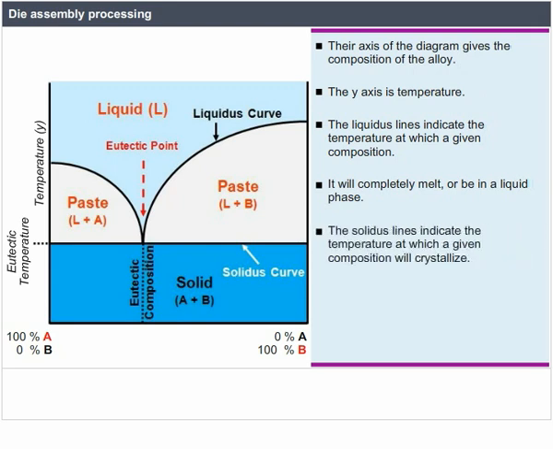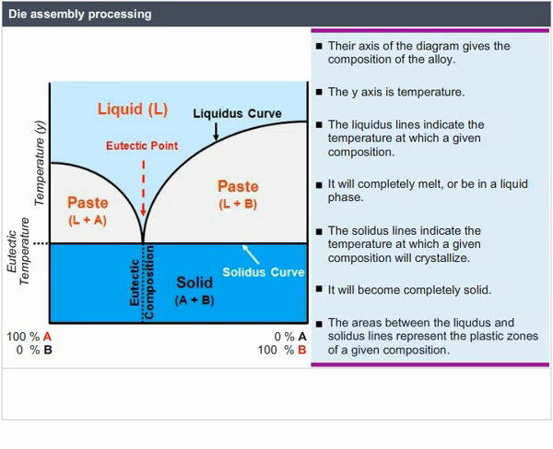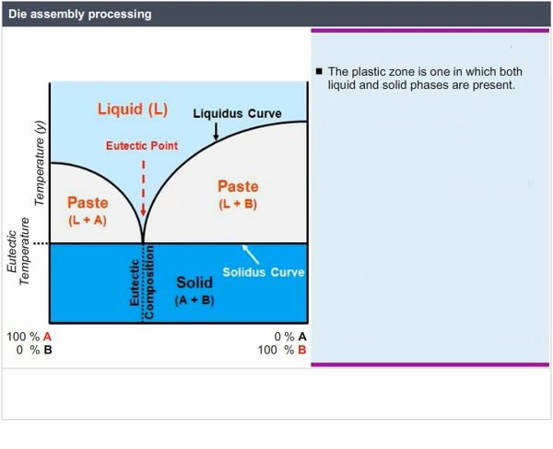The solidus lines indicate the temperature at which a given composition will crystallize. It will become completely solid. The area between the liquidus and solidus lines represents the plastic zone of a given composition. The plastic zone is one in which both liquid and solid phases are present.